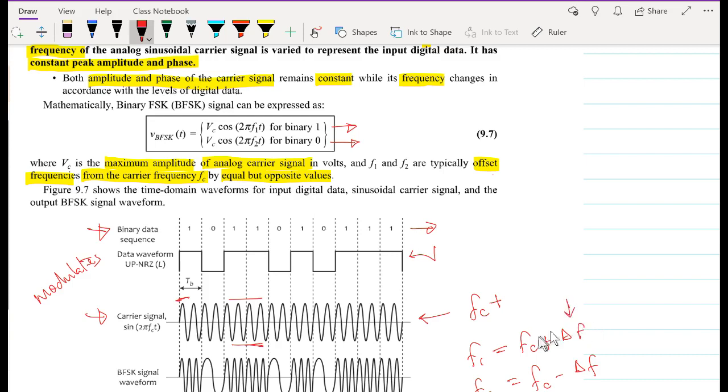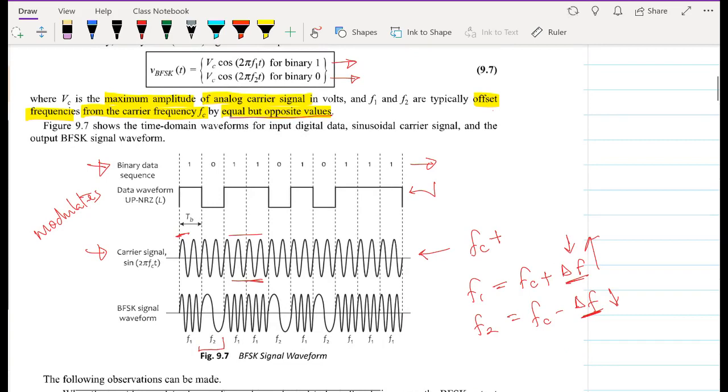So F1 is more than FC by a certain value, and the other goes to the negative. That is what we mean when we say there are offset frequencies from the carrier frequency that are equal but opposite, offset from the central frequency, which is FC.